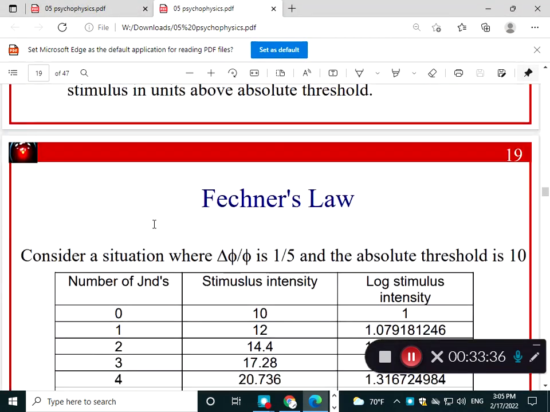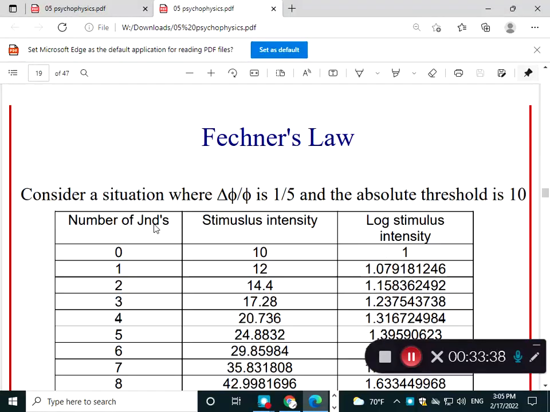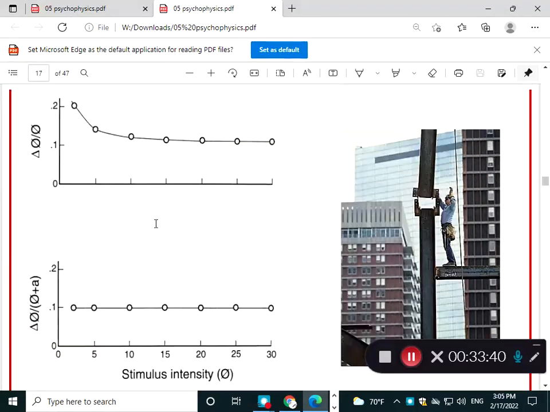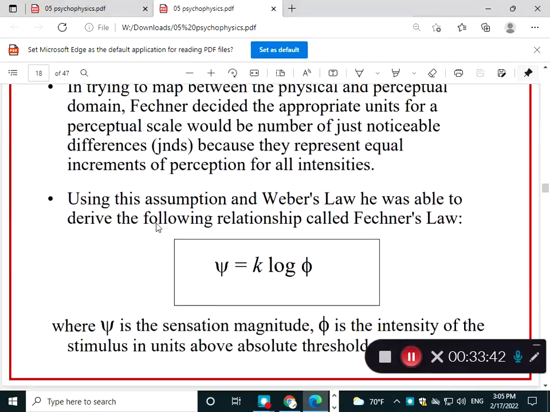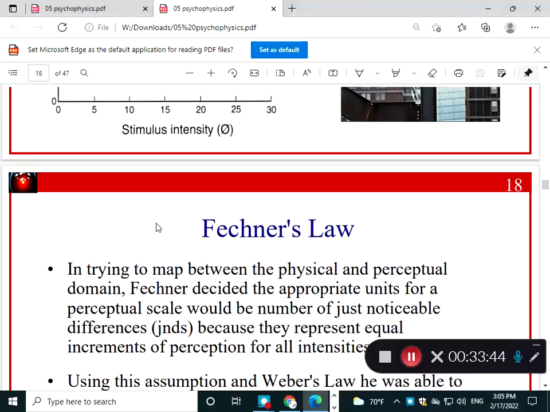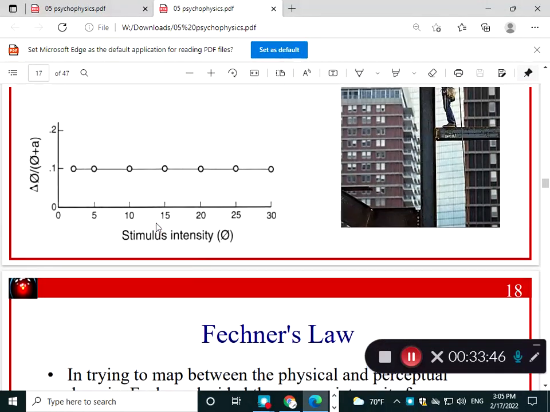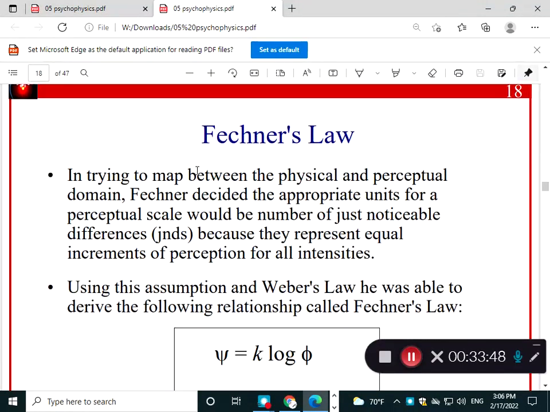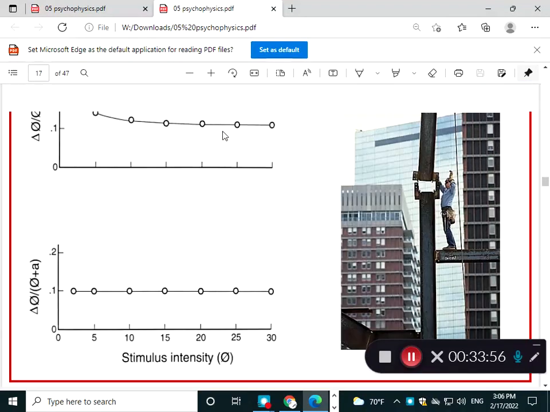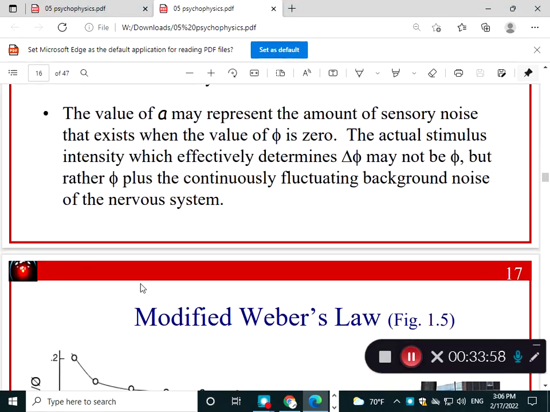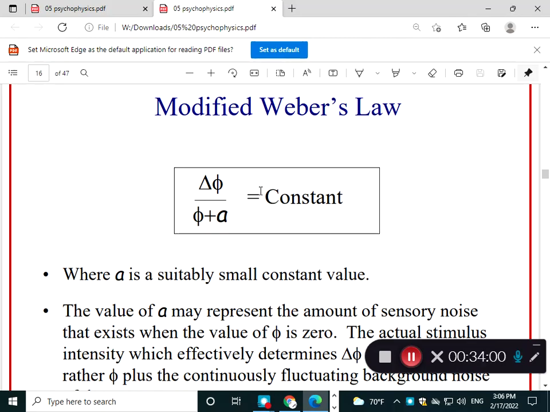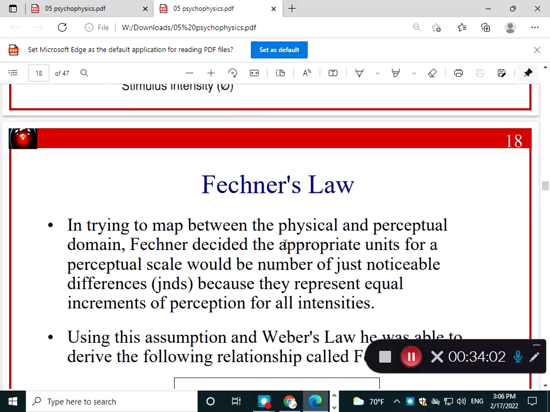Okay, and then after Weber successfully defined this stuff for probably 30 years, there's another German coming out. His name is Fechner. Fechner says that, well, why do we use the hyperbolics? Why can't we just use log?